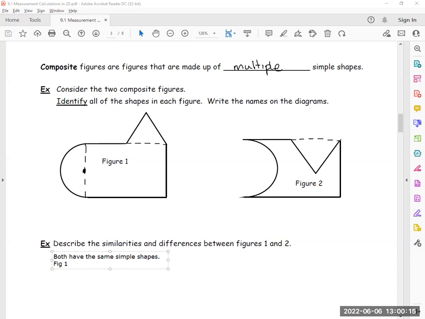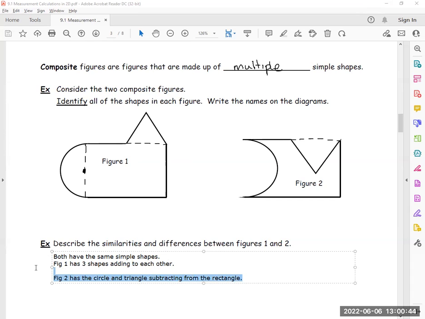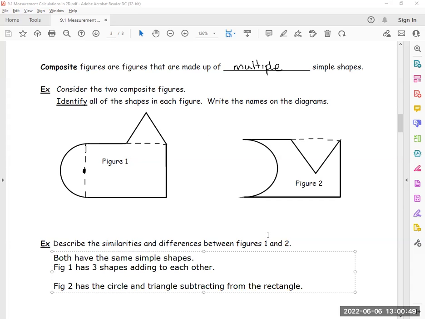Figure 1 has 3 shapes adding to each other, whereas figure 2 has the circle and triangle subtracting from the rectangle. See if I could make that a little bit bigger. There it is.